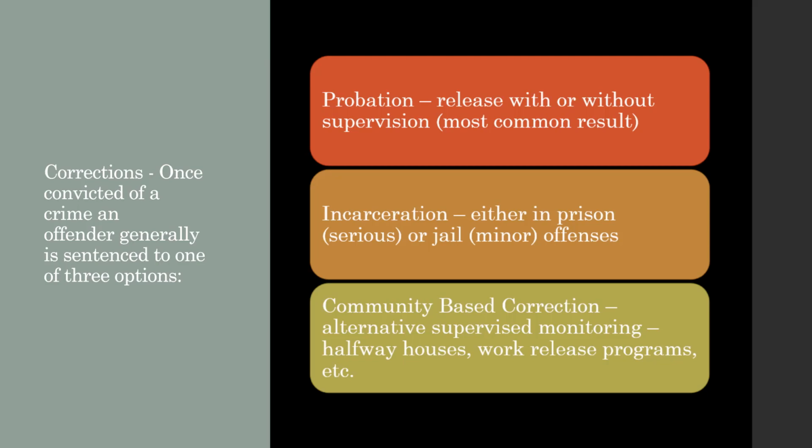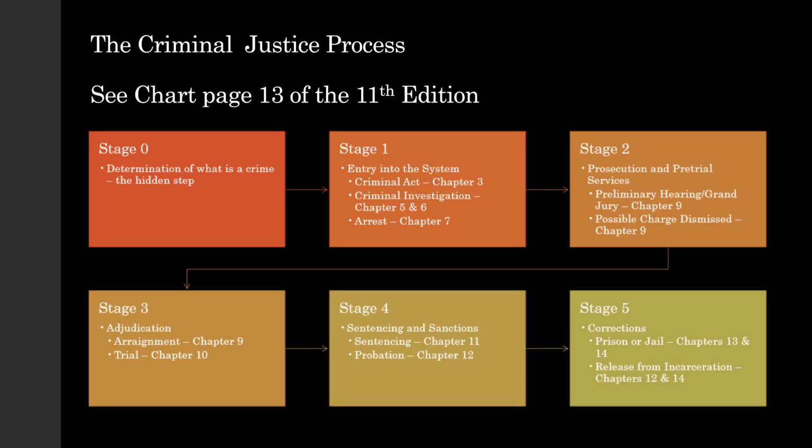Incarceration can be in prison if it's very serious. It's usually our felonies. Or it can be in jail. Then we've got community-based corrections. This is alternatives, halfway houses, work release, probation. This is parole primarily. All right, so here is, and this kind of goes to your chart on 13, but I changed it a little bit.